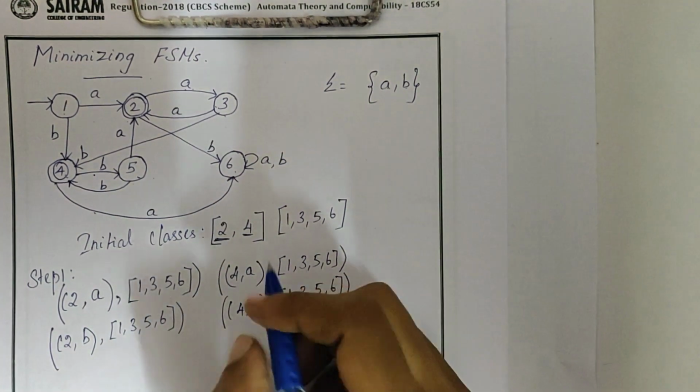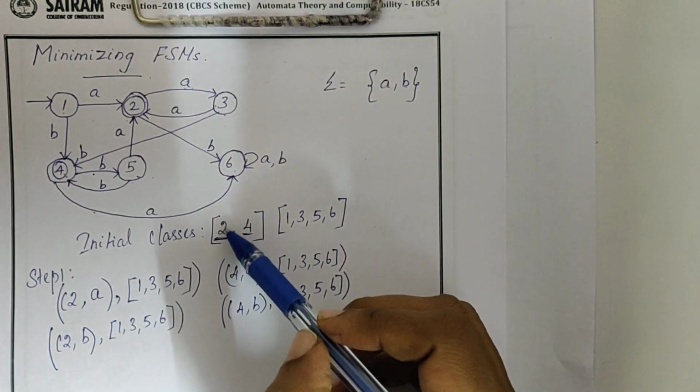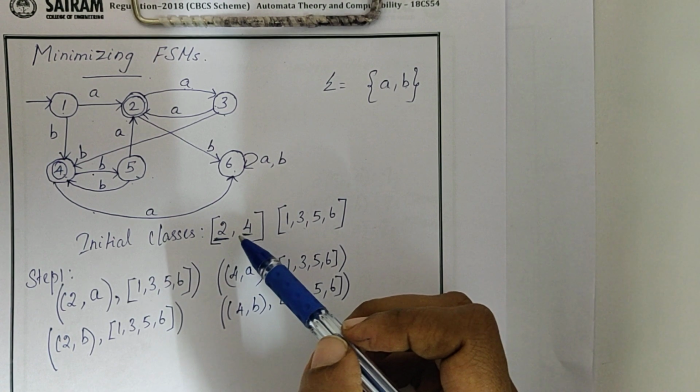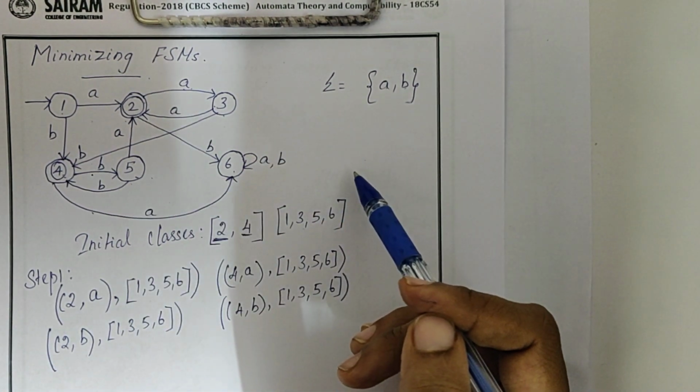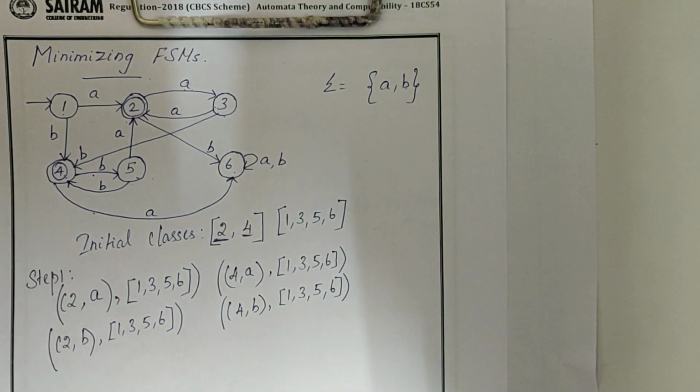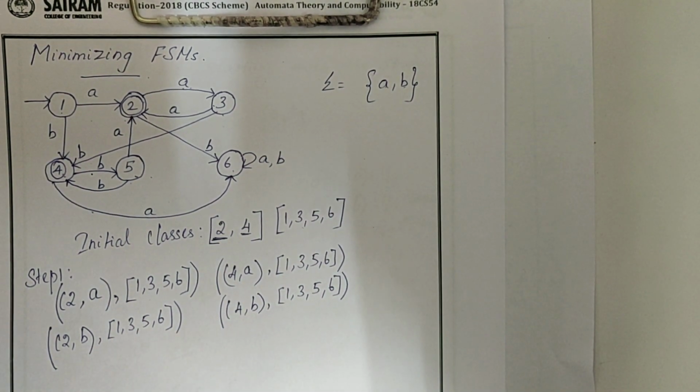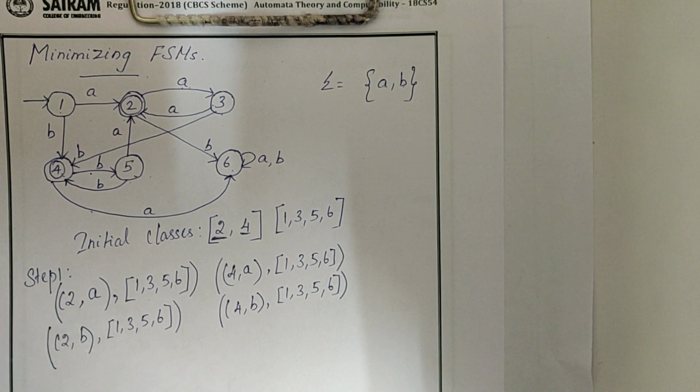Now you check: 2 and 4 belong to the same class. What is minimizing? I'll reduce the number of states.